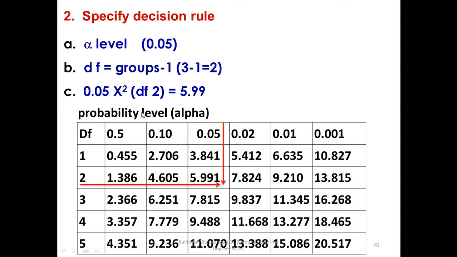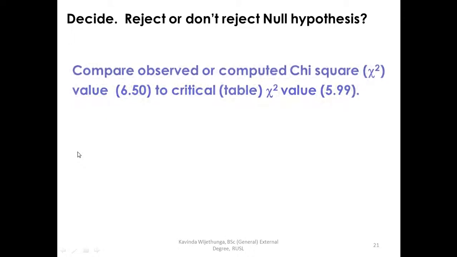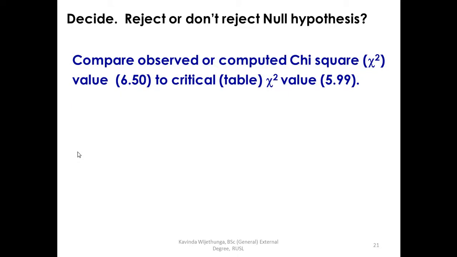What is our calculated value? That is 6.5. Now decide whether to reject or not reject the null hypothesis. Compare the computed chi-square value with the critical value from the table, the same as we did in the earlier lessons. If the calculated value is greater than the table value, we can reject the null hypothesis.